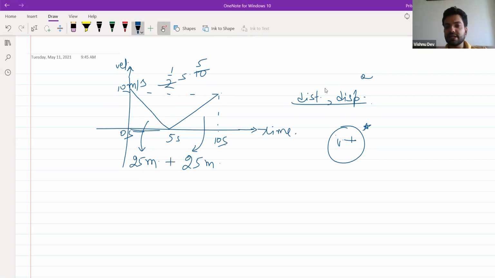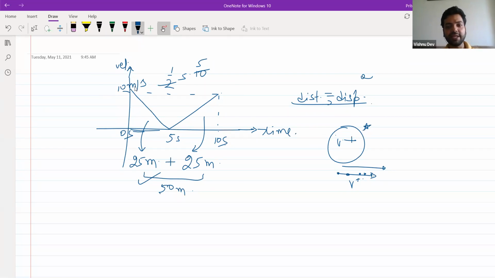Since velocity is positive all the time, the object is moving in one particular direction, let's say to the right. If at all points it has positive velocity only, it is always moving to the right. So we just add them to find total distance, that will be 50 meters, and the same will be the displacement.